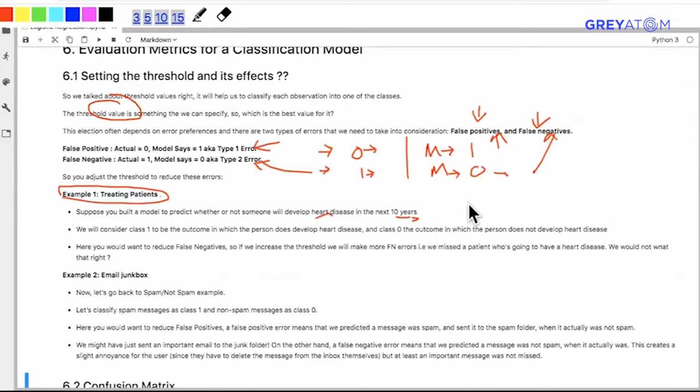One means they get the heart disease, and zero means no heart disease in the next 10 years. What kind of error do we want to reduce here? Does anyone want to try?